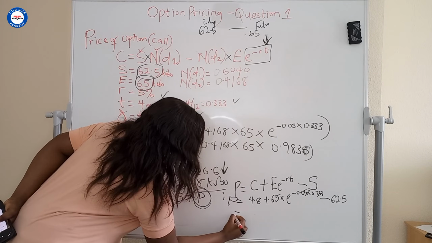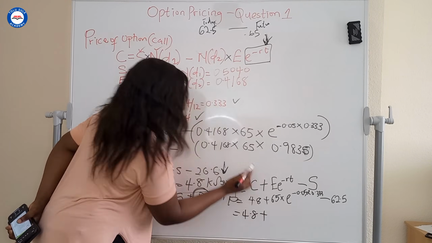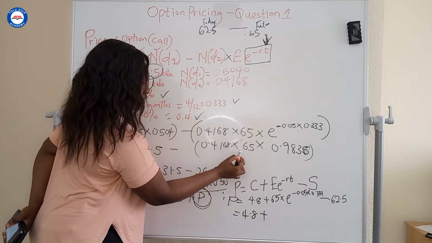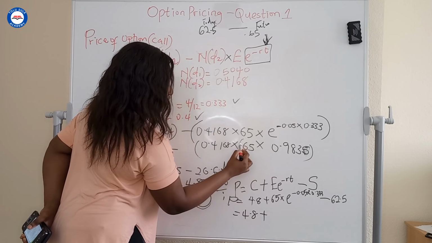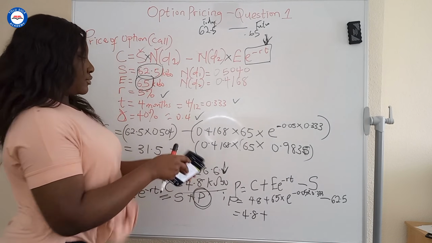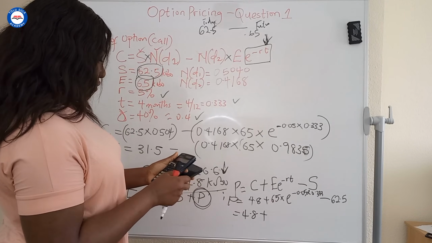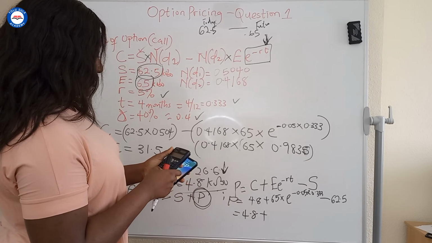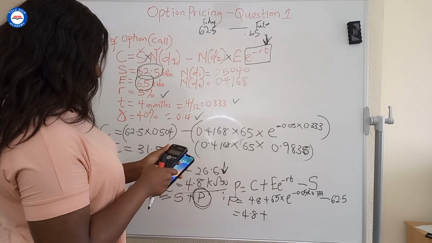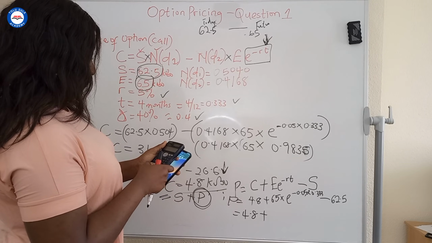So that will be 4.8 plus, no, we have done this here. We have simplified this thing here. So let's just get what 65 times this is. 65 times 0.9835.